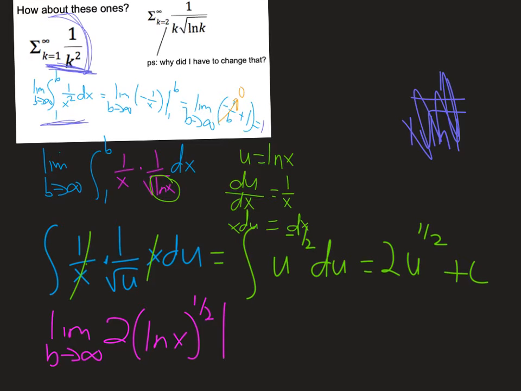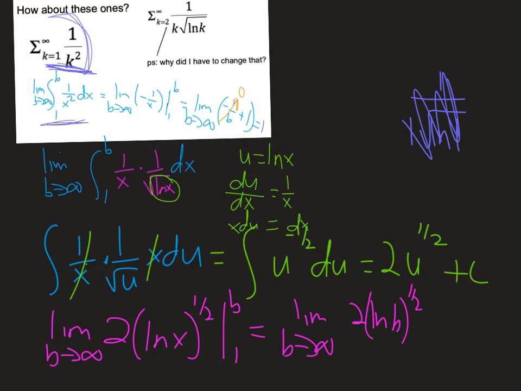Evaluate that at 1 and b, which is the limit as b goes to infinity of 2 natural log of b to the 1/2 minus 2 natural log of 1 to the 0, because the natural log of 1 is 0.